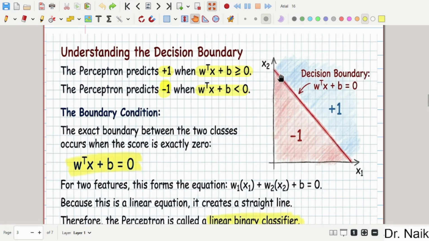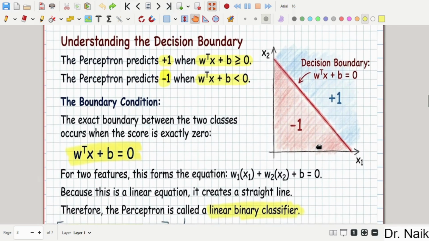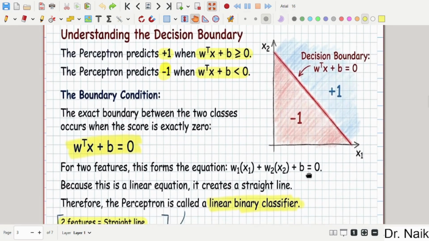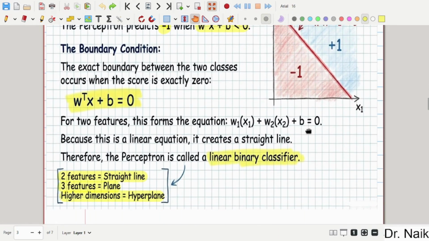The exact boundary between these two classes occurs when w transpose x plus b is exactly equal to 0. For two features, this forms the equation w1x1 plus w2x2 plus b is equal to 0. Because this is a linear equation, it creates a straight line.